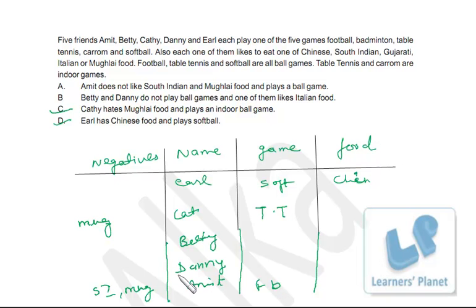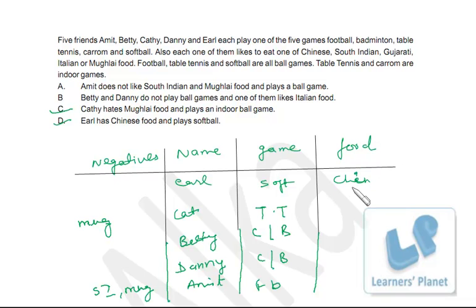Right, now we are left with 2 games, that is carom and badminton, right? So we don't have any information for Betty and Denny, so I just write carom or badminton and carom or badminton.